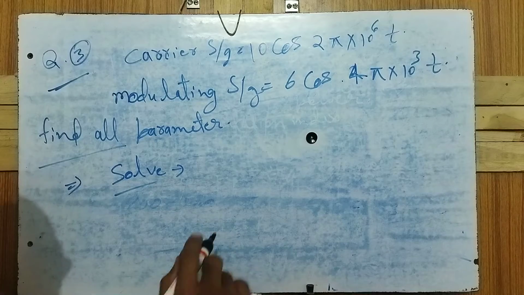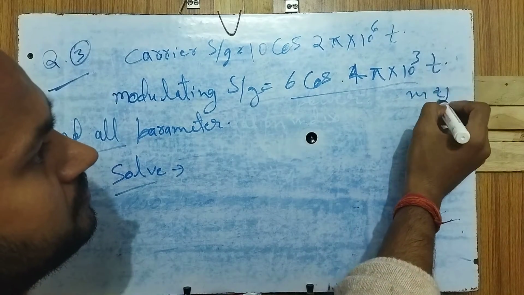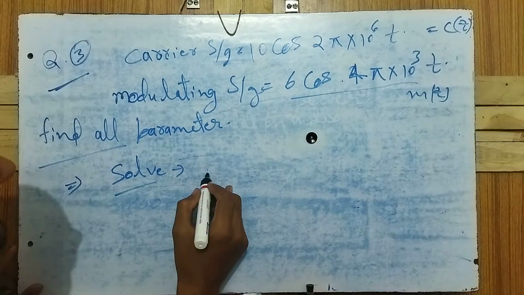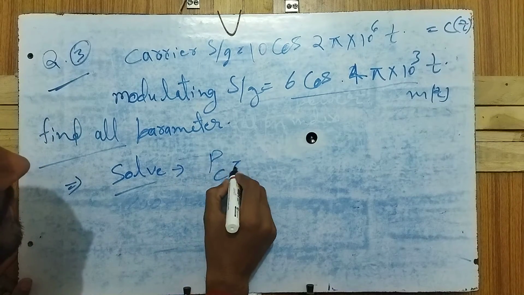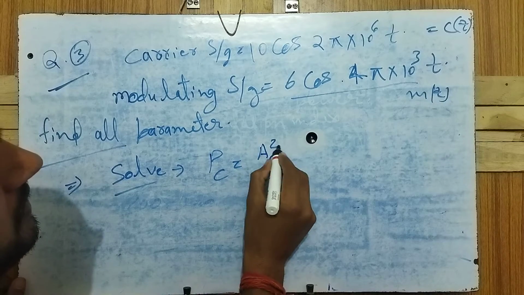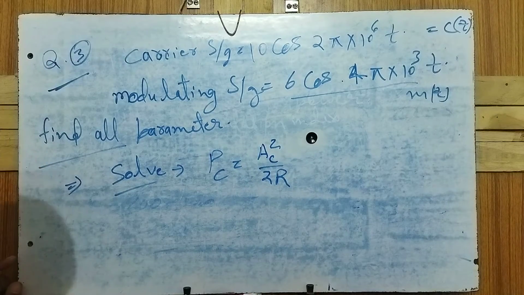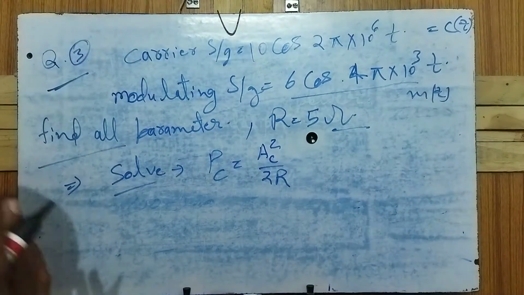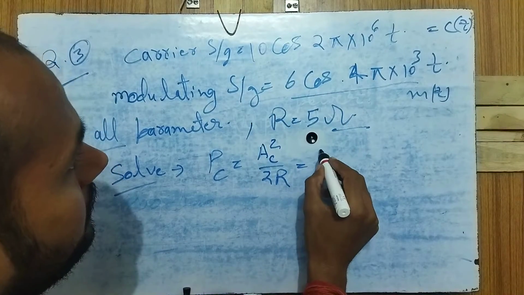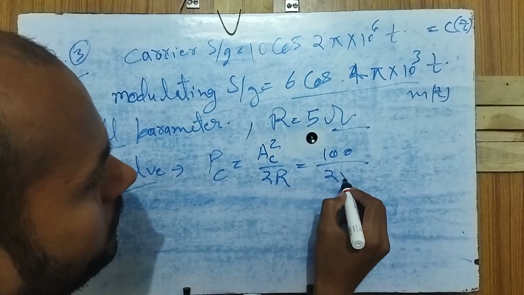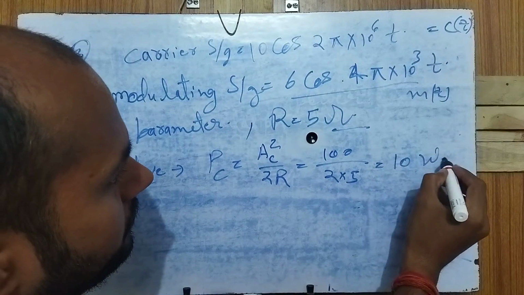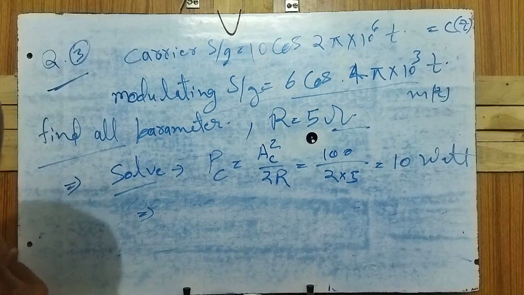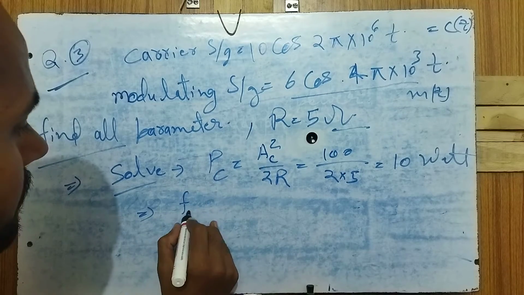So from here we can say it is m(t) and it is c(t). From the carrier, we can find the carrier power, that is AC square by 2R. If R is given as 5 ohm antenna resistance, then 10 square is 100 divided by 2 into 5, 10, that is 10 watt carrier power. And what is fm?